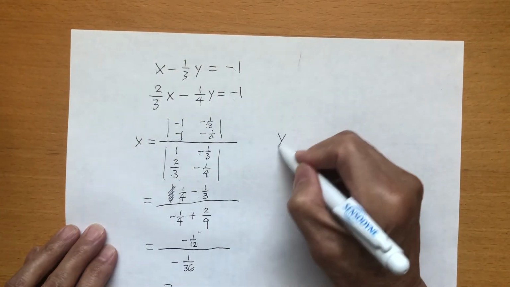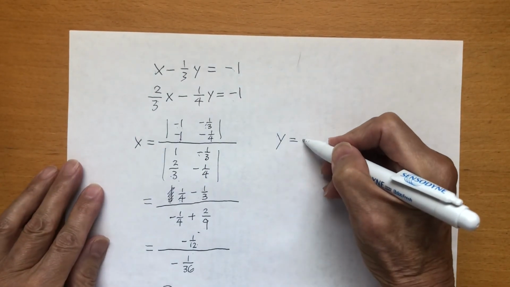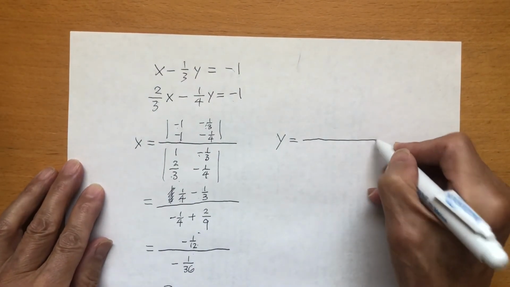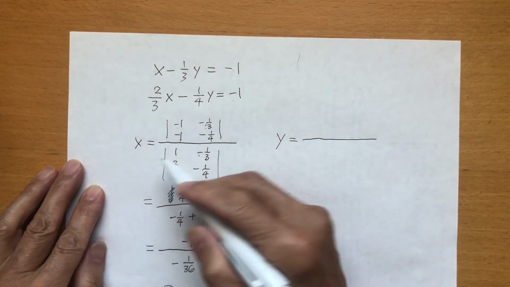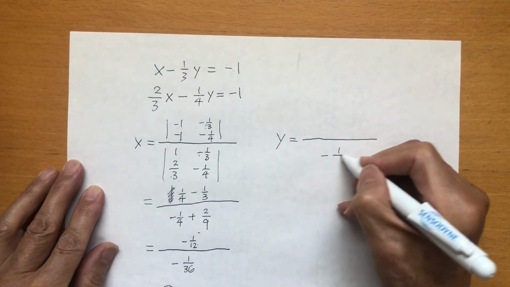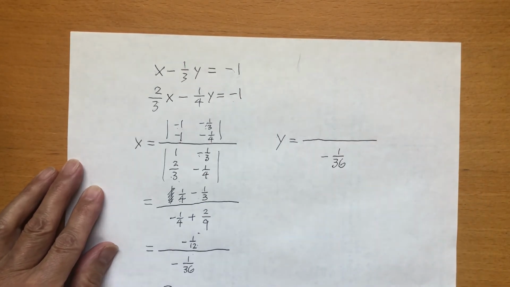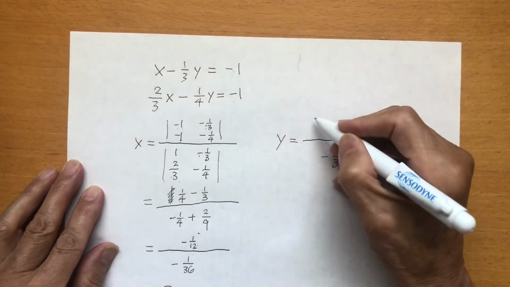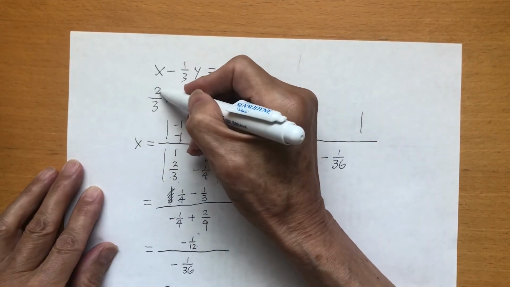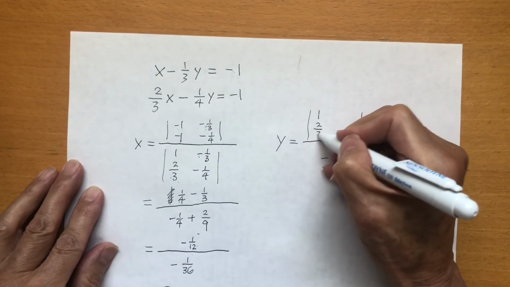And then y, same thing. So y, remember the denominator of y and the denominator of x are the same. So I have negative 1/36. And the top, 1, 2/3.